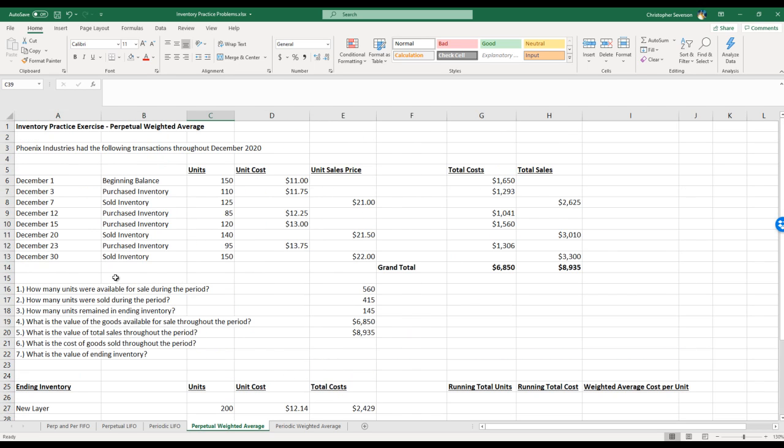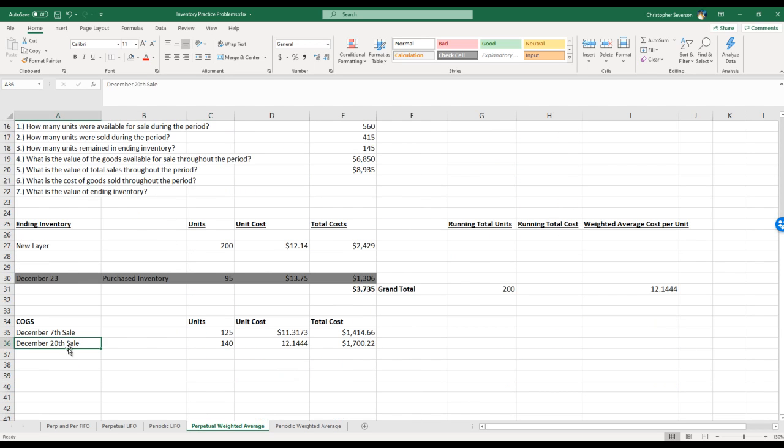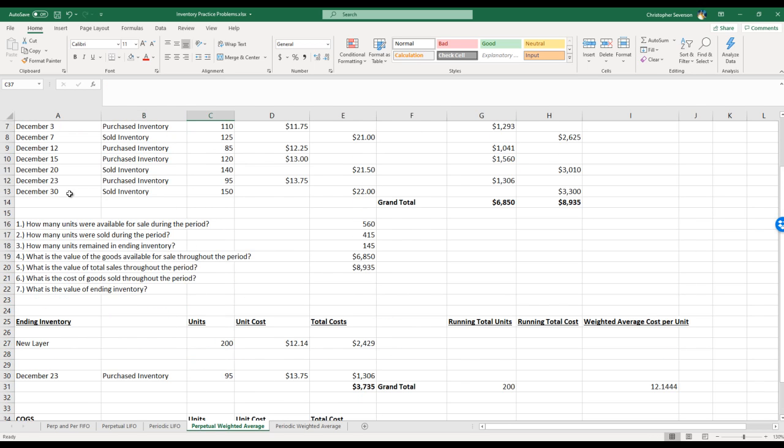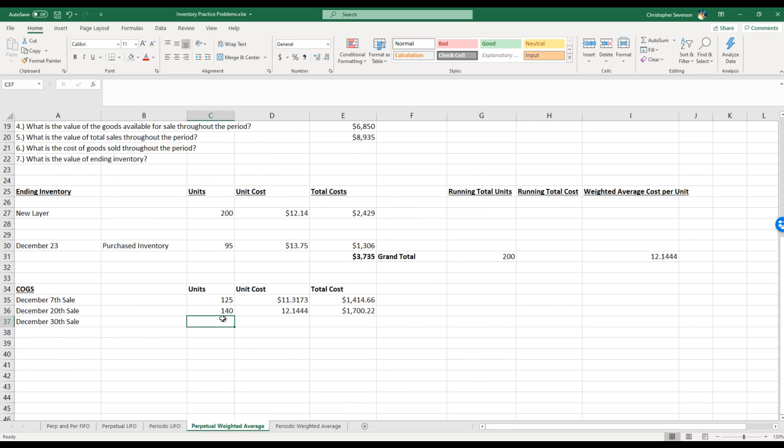Finally, we have the December 30th sale, which now every layer is opened. We know about them all. We are trying to sell 150 units here. And again, that's gone. We don't need that anymore. So we need to know at this point, what is the total number of units available?